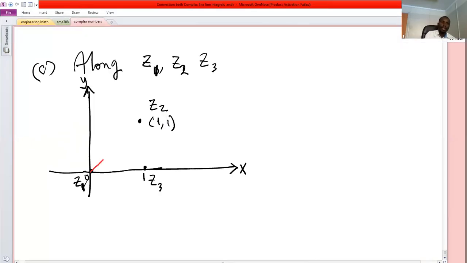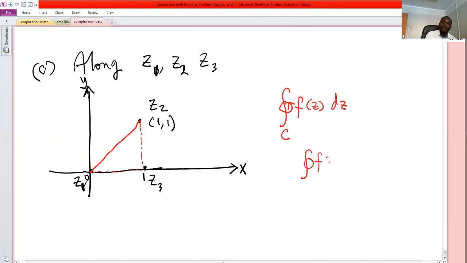So this is the line, and then there's this broken line. So to integrate f of z dz, is the same thing as what we have been given.